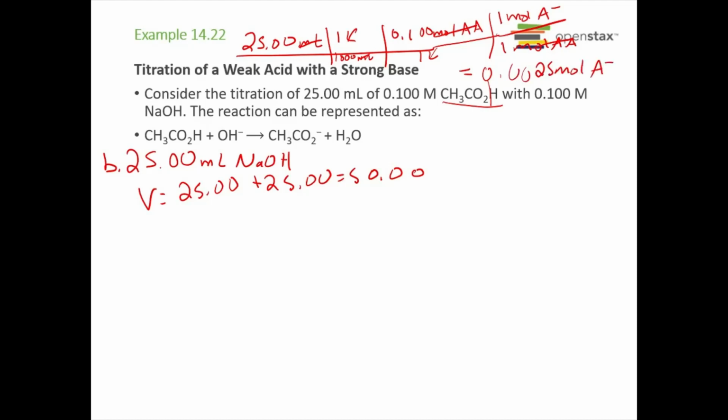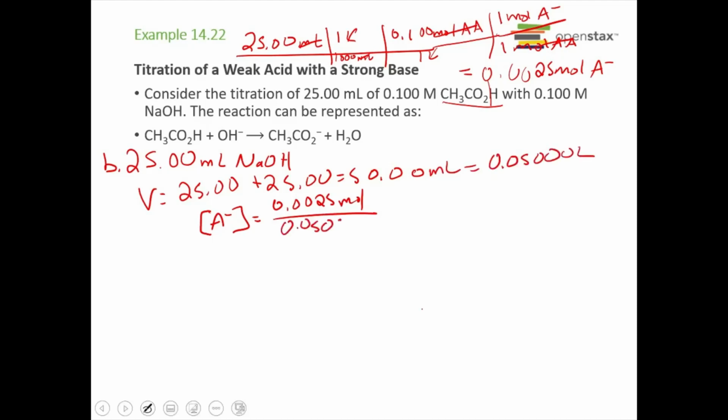So then our concentration now of the acetate ion, I'm just going to do this as A minus, is equal to 0.0025 moles for every 50 milliliters, which is equal to 0.05000 liters. And that gives us a 0.05 molar solution of the acetate ion.